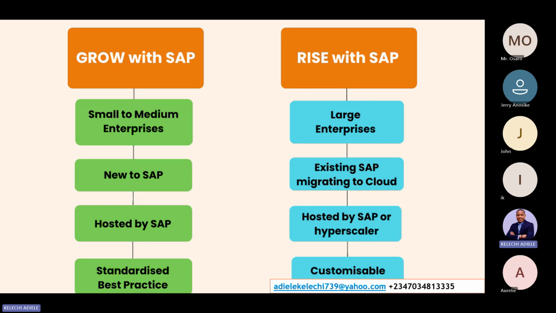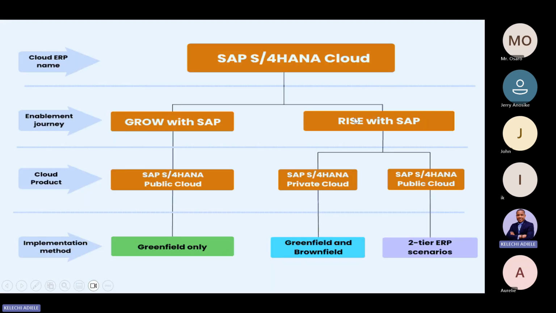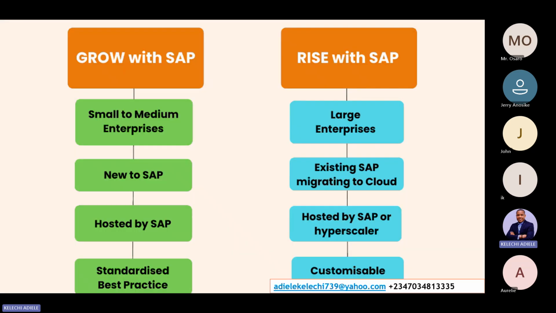So why are we using private cloud? We're using private cloud because FlexTube is a fairly large organization with branches in 5 countries with almost 3,000 employees. So it's a large enterprise. And so we have established that Rise is the best option.